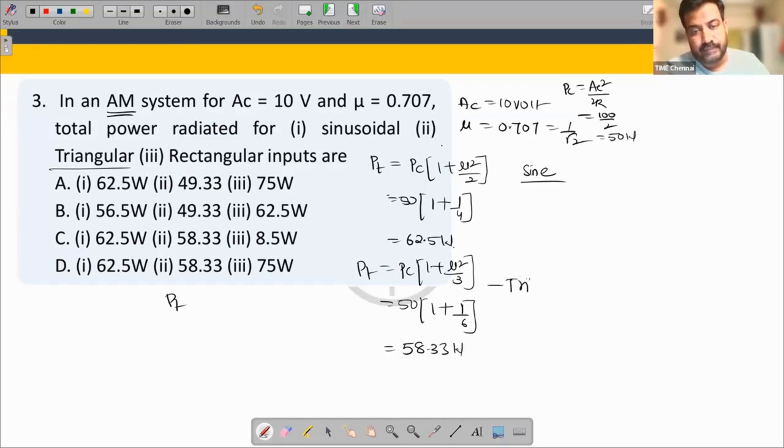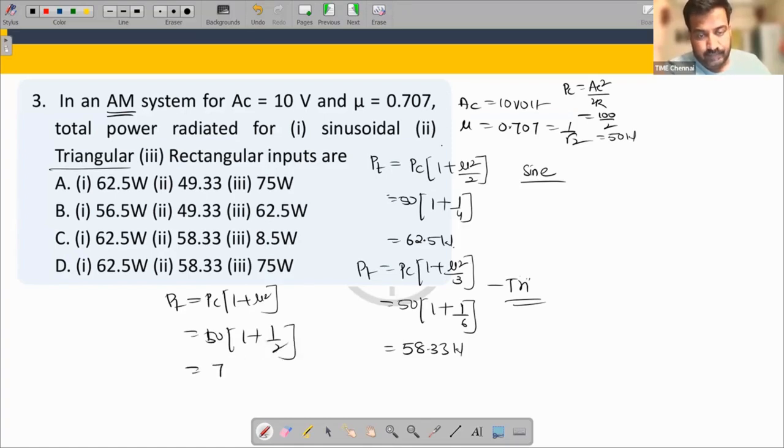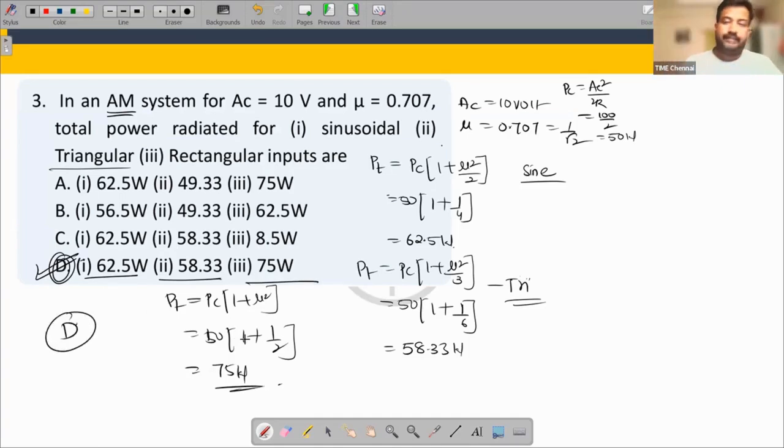For rectangular input, PT is PC into 1 plus mu square, 50 into 1 plus 1 by 2, 75 watt. So 62.5, 58.33 and 75 watt. Option D is the answer.